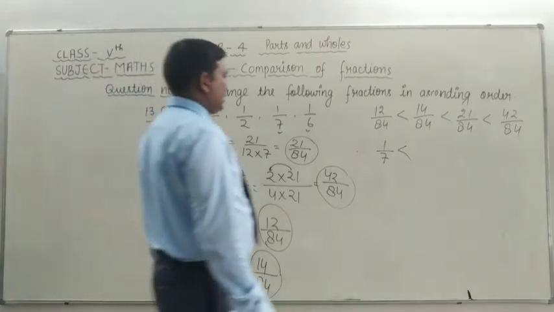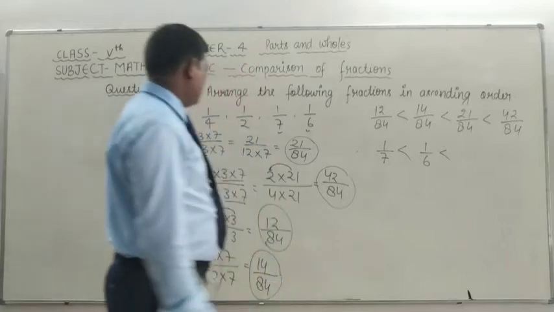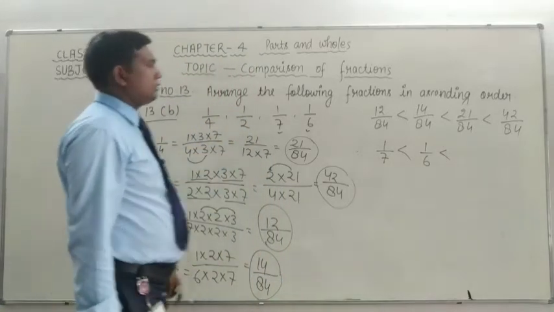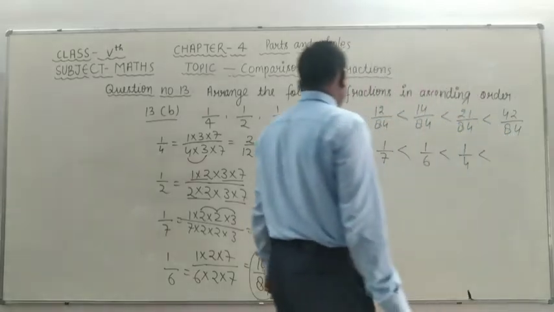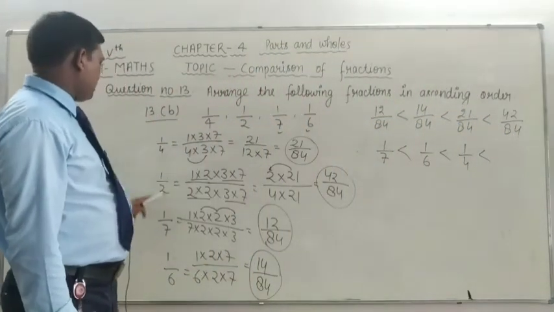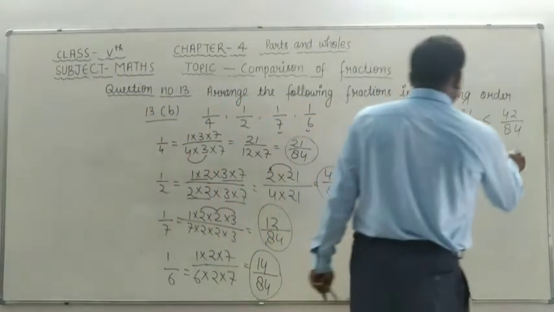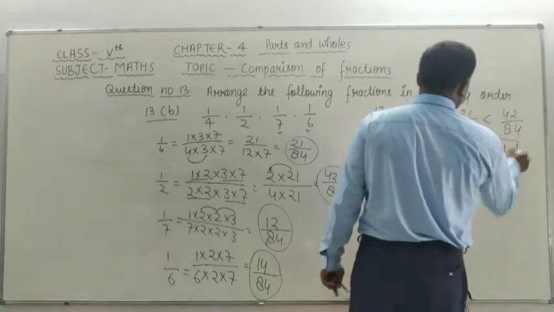Next, 1 over 6 is less than 1 over 4, which is less than 42 over 84, which means 1 over 2. Understand?